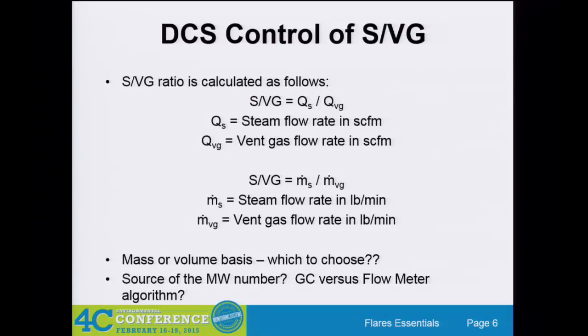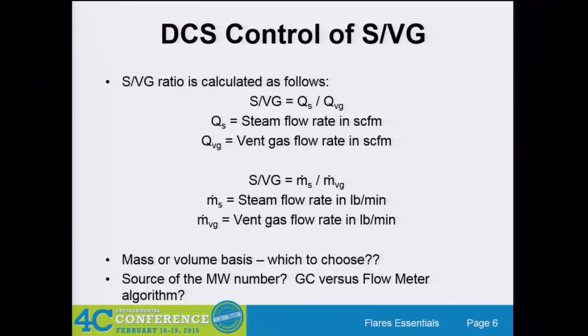When you're looking at this molecular weight number, we definitely recommend the molecular weight coming from the GE flow meter, because when you do it by a GC, which will give you the composition where you can calculate a molecular weight of the mixture, it again is not on the time frequency that you need for control.